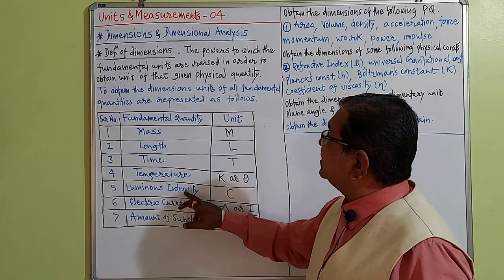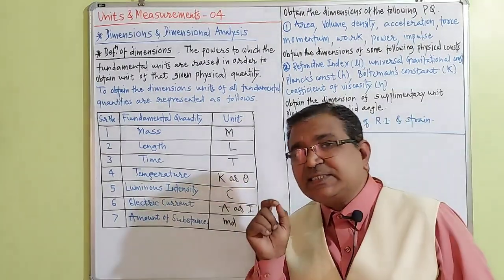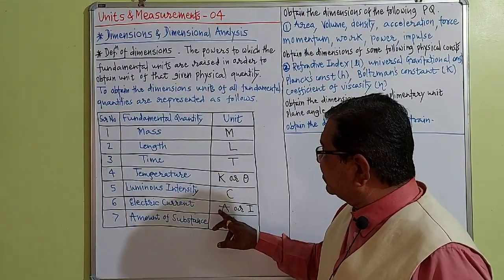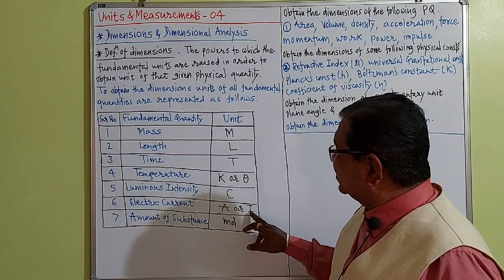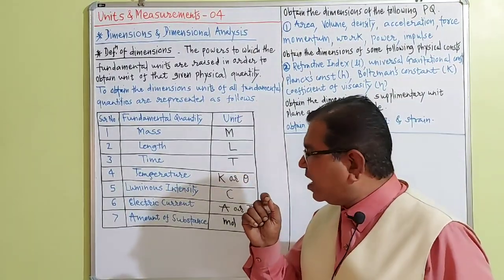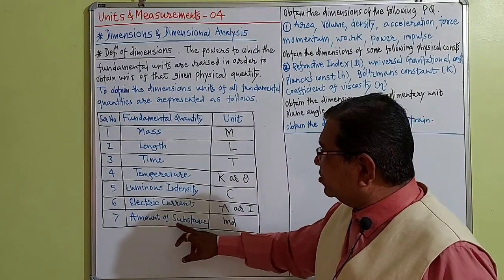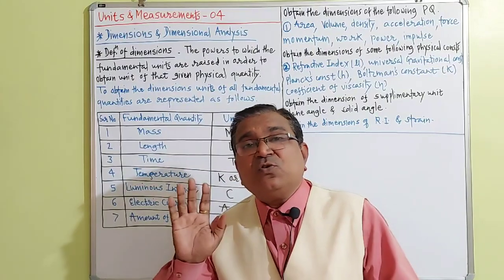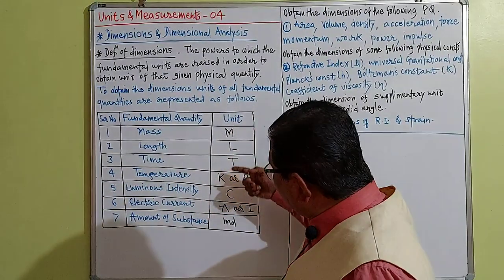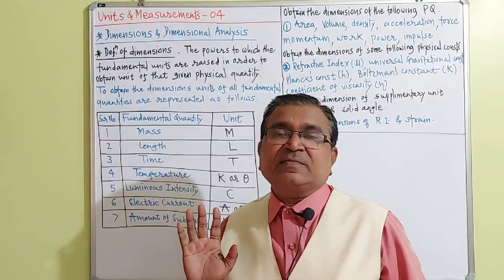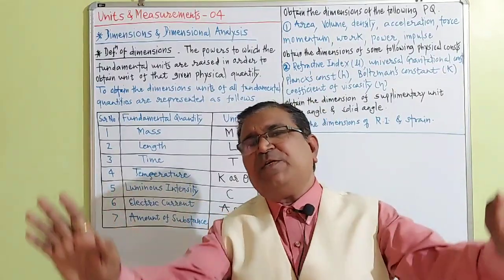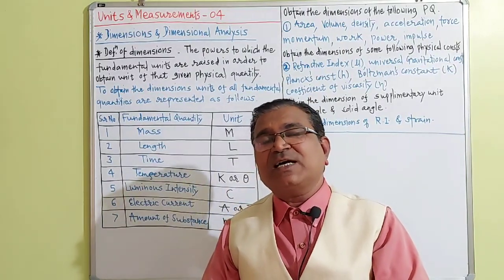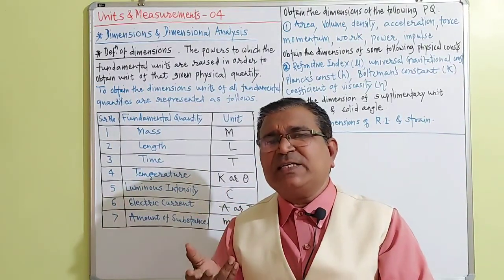Unit of luminous intensity is represented by C. Unit of electric current is represented by capital A, or in some books it is denoted by capital I, and unit of amount of substance is represented by mole. So by making use of these symbols, dimensions of any physical quantity are to be calculated. How these dimensions are to be calculated, we will see one by one.